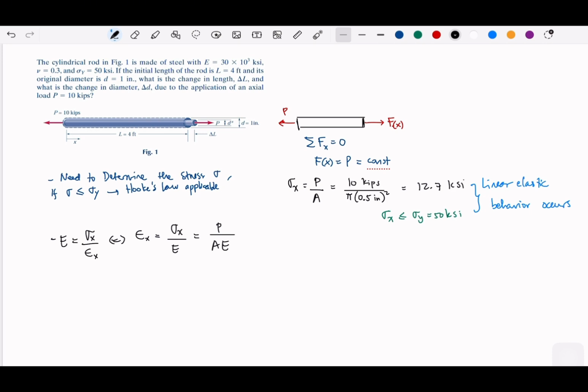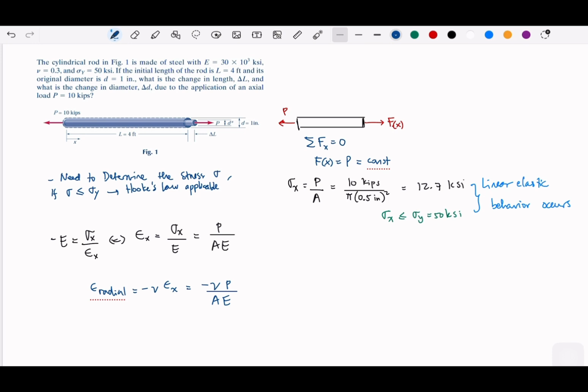Let me just write first the strain. So the strain for the radial equals the negative Poisson ratio times the strain in the x-axis, or the longitudinal. So we could write here the Poisson ratio multiplied with the strain x, which I wrote before, P over AE, okay?